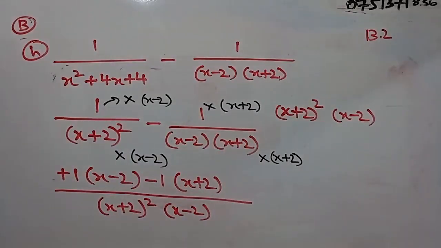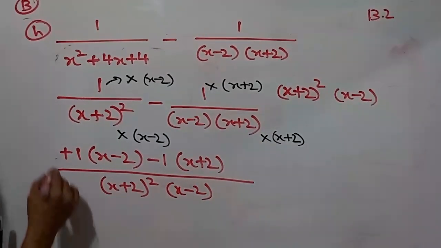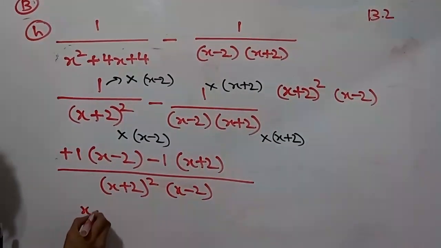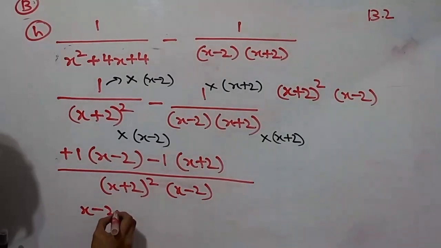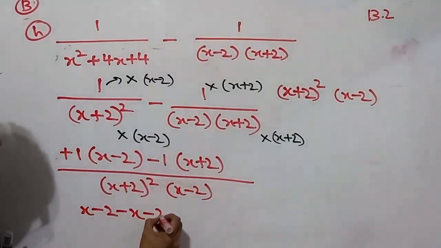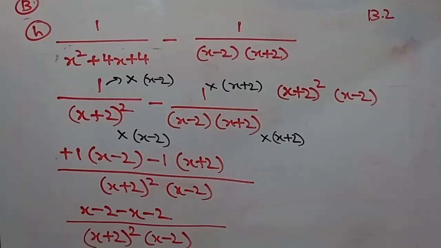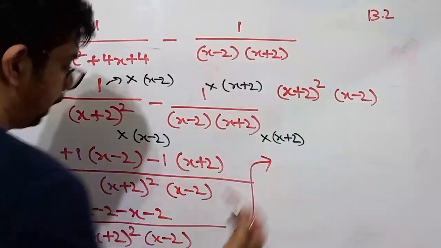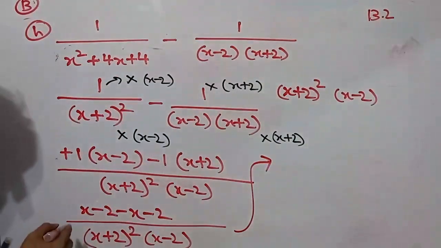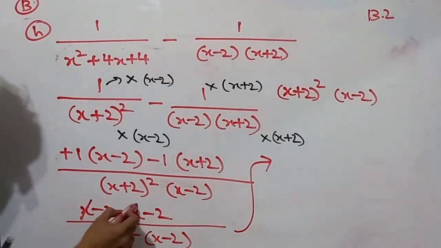Okay. So when we simplify the brackets, what do we get? x minus 2 minus x minus 2. Then the entire expression needs to be divided by the LCM. Right. So actually here we can do some simplifications. So here we can cancel off the 2 x's.